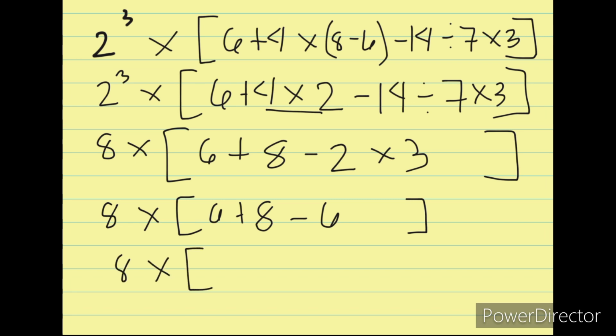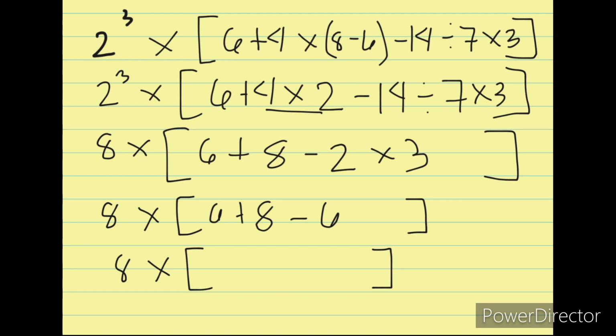Then again, grouping. Simplify the numbers inside the parentheses. We have only 2 operations left, the addition and subtraction. So first, using the GEMDAS rule, get the sum of 6 and 8.